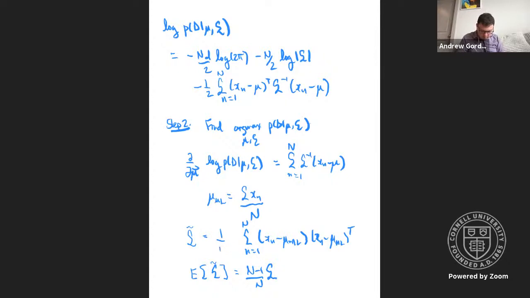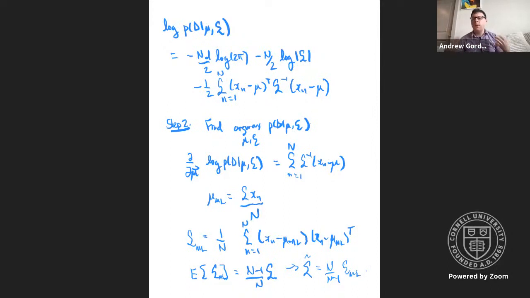This would be 1 over n. This is sigma ML. All right, and so that way we can just multiply by n over n minus 1 and form a sigma tilde that equals n over n minus 1 times sigma ML. And now we've got an unbiased estimator.